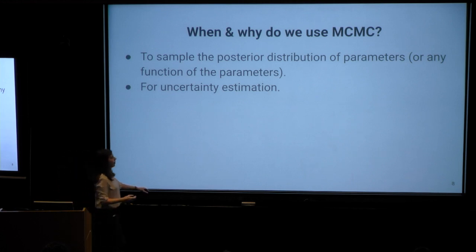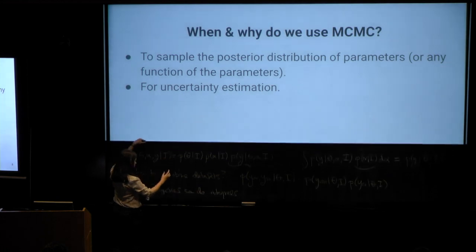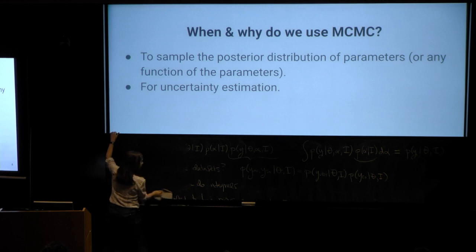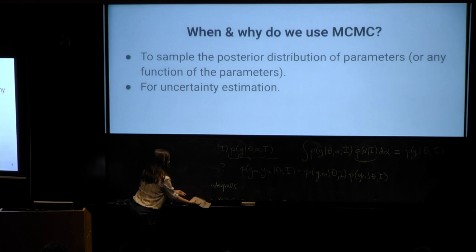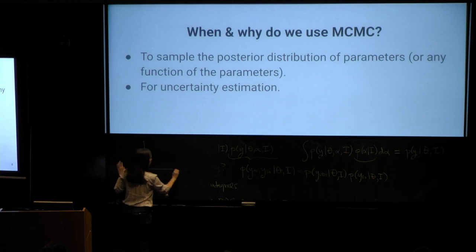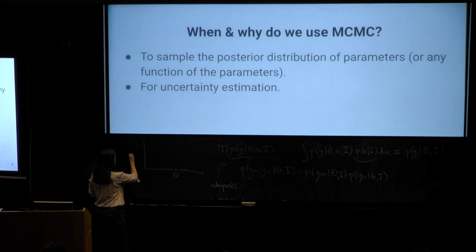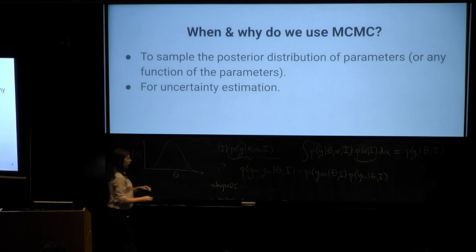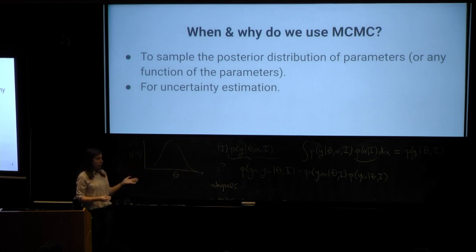So if I had a posterior distribution where I have some parameter theta that I'm interested in, and I want P of theta, the probability distribution of theta, and my MCMC can give me, I claim, this distribution.